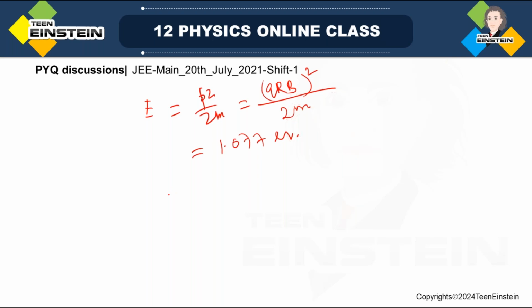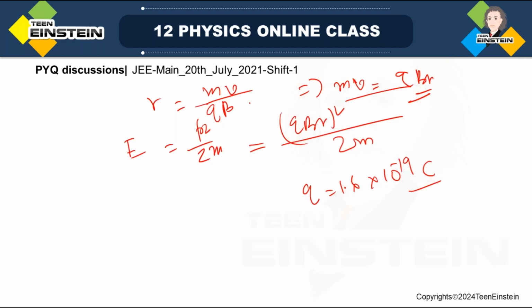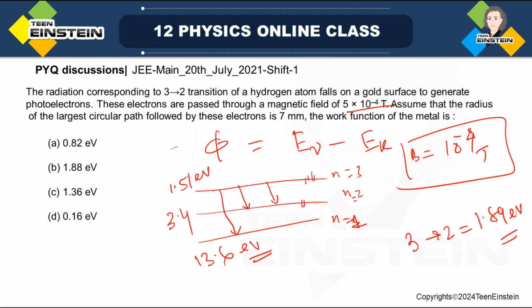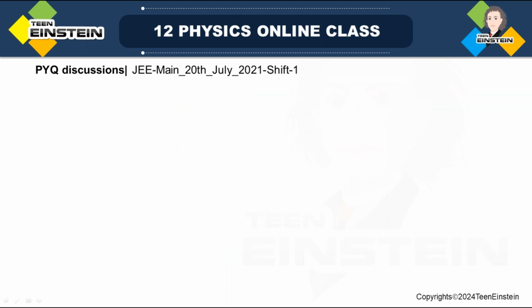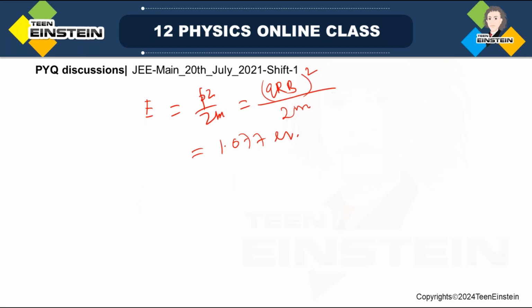Then the incident photon energy we have already obtained here, that is 1.89 eV. So what we had to get, we had to get the work function. The E I had got like this, and this energy is actually the kinetic energy of the electron, Ek.